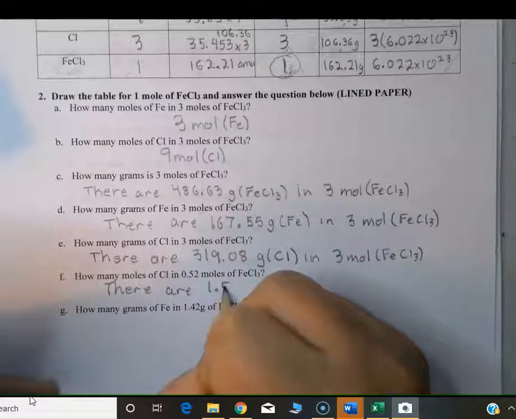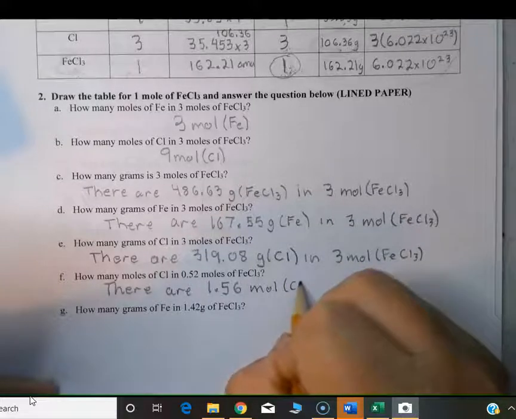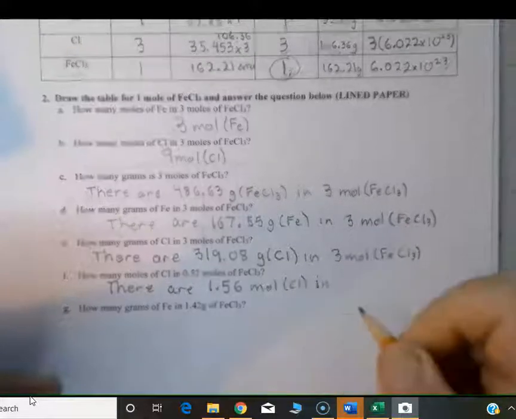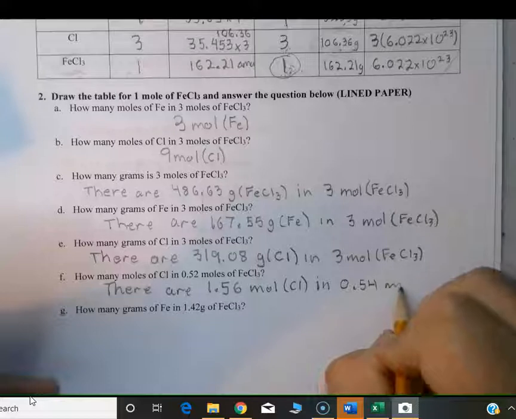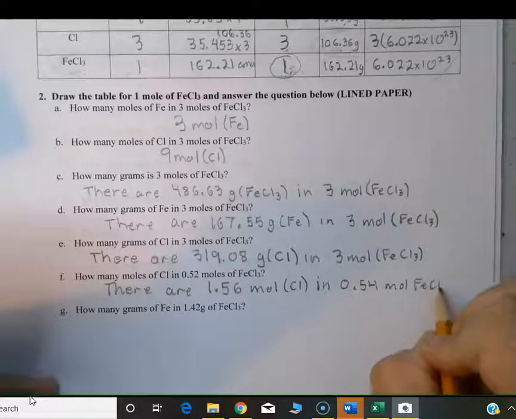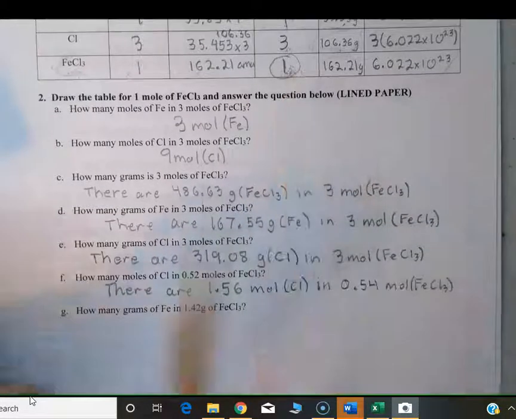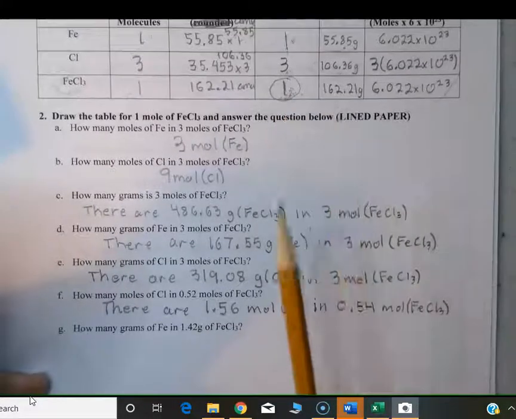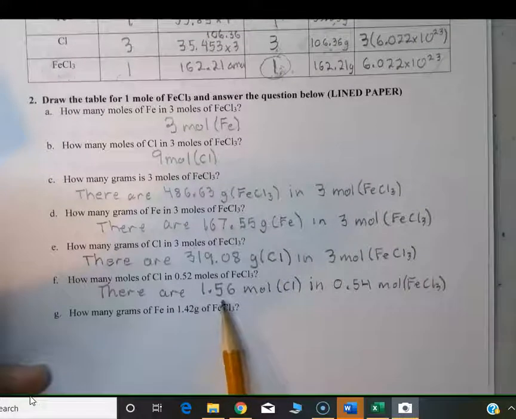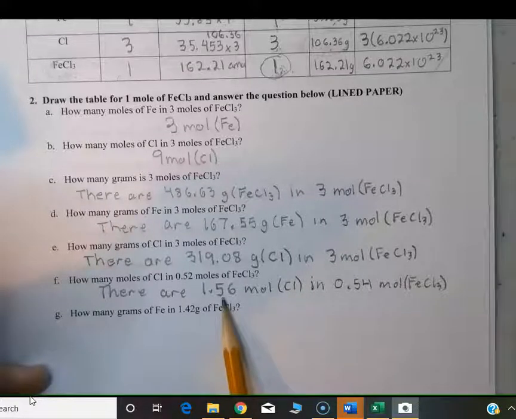So there are 1.56 moles of chlorine in 0.52 moles of FeCl3. Now notice that up here you have 3 times as many moles of chlorine as you have of the compound, 3 to 1. And you'll notice this relationship is still 3 to 1. This number is 3 times this number. So no matter how you scale it, you should have 3 times as much chlorine as you have the compound.